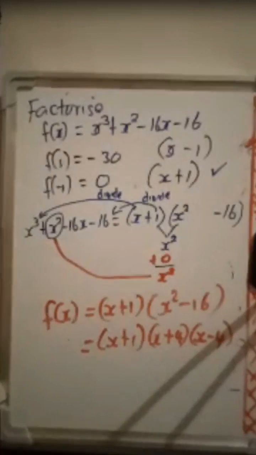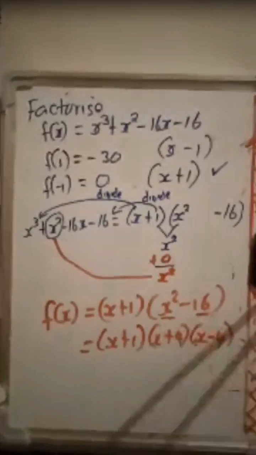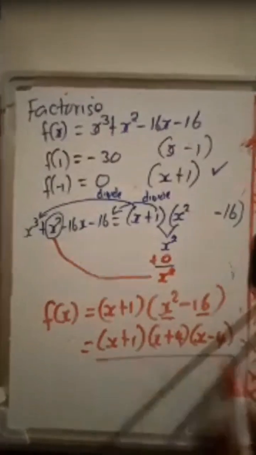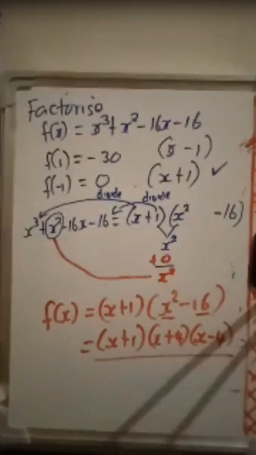X squared and 16 are perfect squares, and you know how to factorize perfect squares. So that is factorizing what we call cubic polynomials.